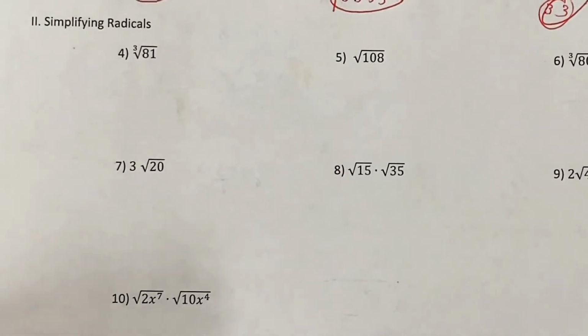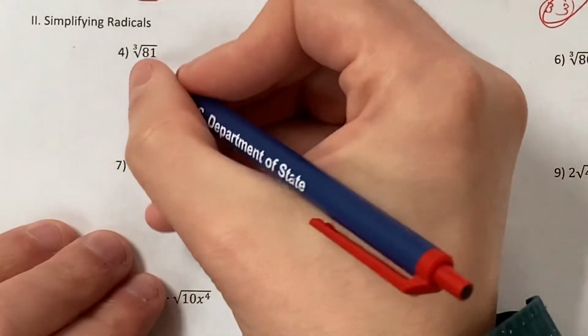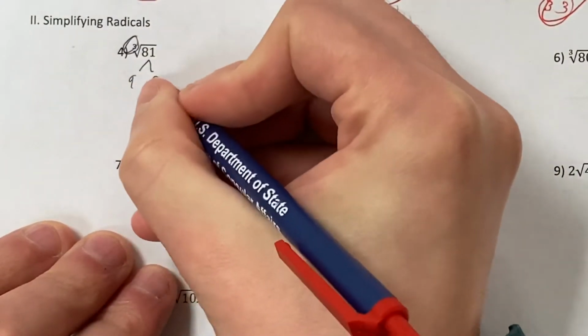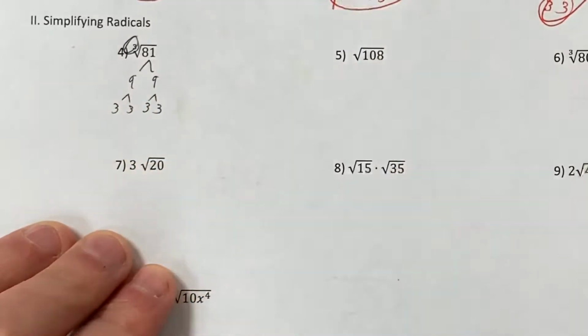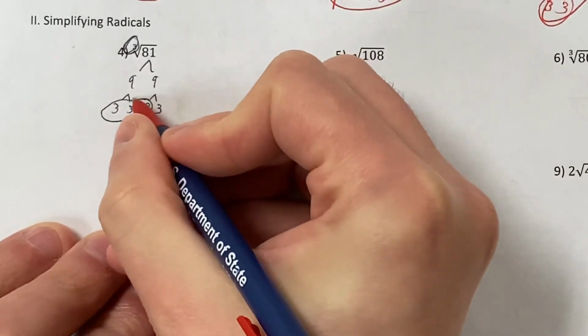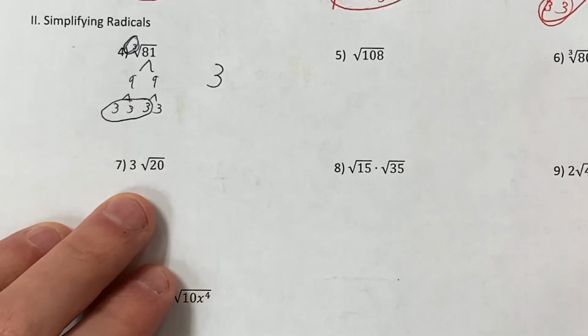Next up. This is what happens if you do have stuff left over. In this one, we are looking for 3 of a kind, but we're going to start the same way as before. 9 and 9, 3 and 3s for all of them. So you're going to look for 3 of a kind, and you're going to find 3 of a kind. Normally you would just say the answer is 3 and you're done.